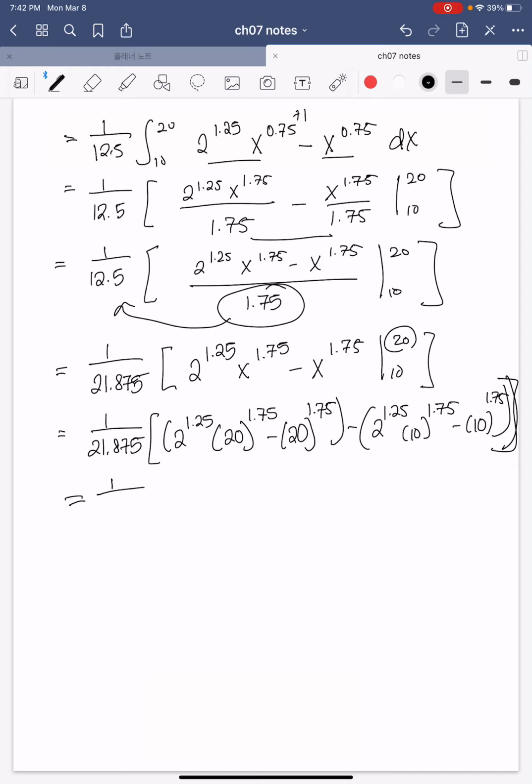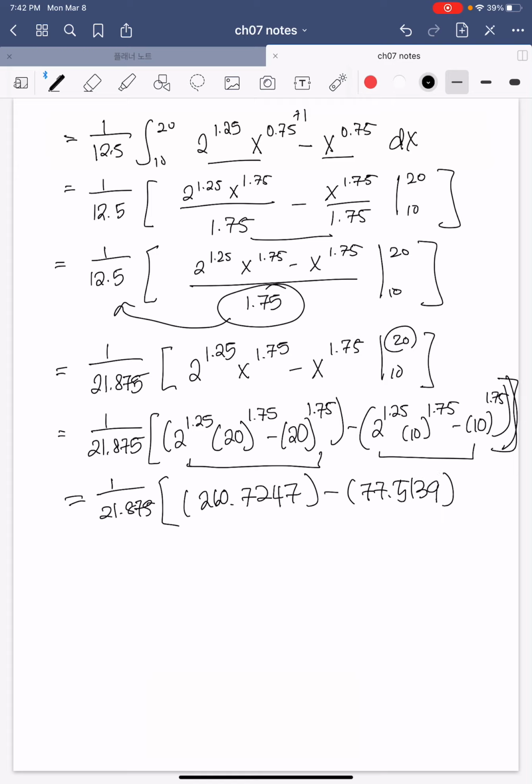The first set of parentheses, if I plug it into the calculator and round to 4 decimal places, I get 260.7247. This one, I plug in the calculator, I get 77.5139, rounded to 4 decimal places.